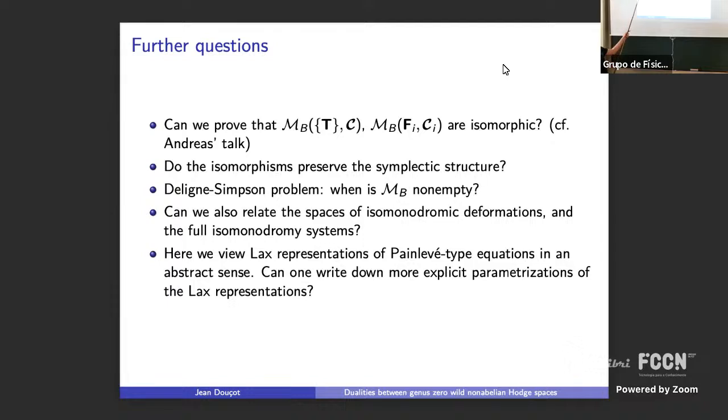Then there is the Deligne-Simpson question: is the moduli space non-empty? And there is the further question: could we relate not just the moduli spaces, but also the families of moduli spaces, so the isomorphic deformations? Morally it should be more or less true, but there would be some work to do it properly and understand the details. So that's all I wanted to say. Thanks a lot.